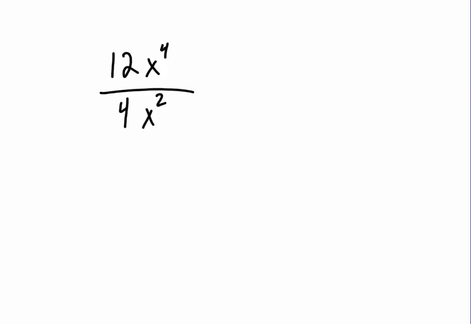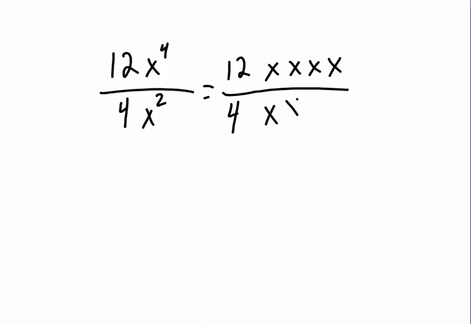And if I wrote it out the long way, then I'd say, okay, this is 12, and then 1, 2, 3, 4 over a 4, and then 1, 2. Now, the x part here is really easy. You just cancel, cancel. And so it looks like we have 2 of the x's, so that's x squared up top.